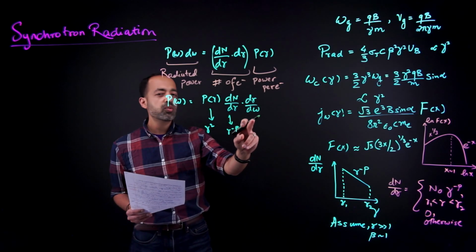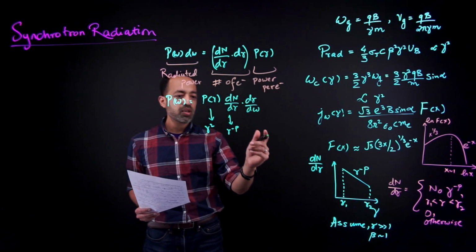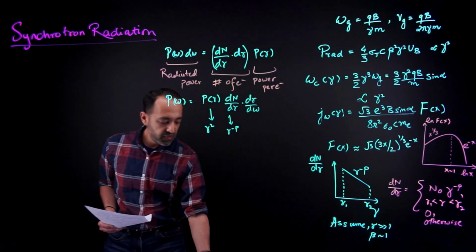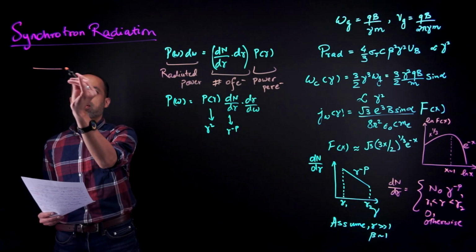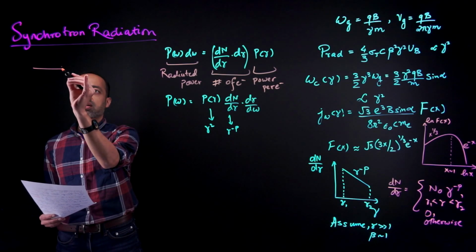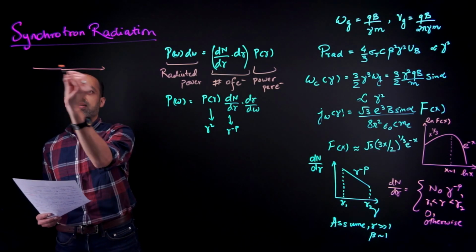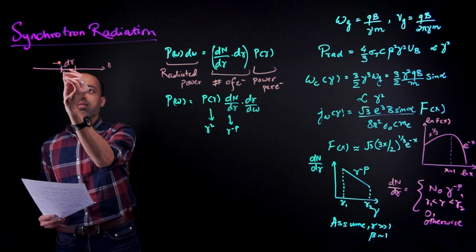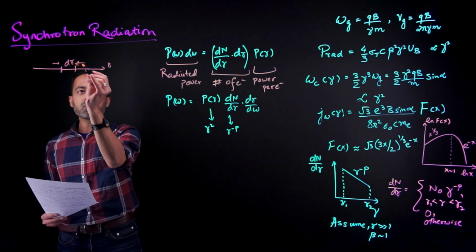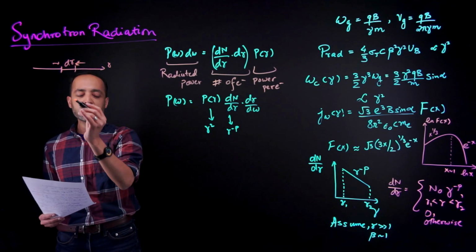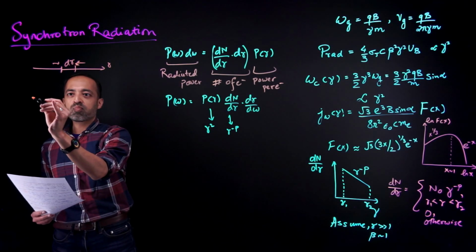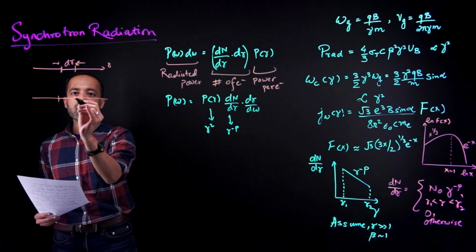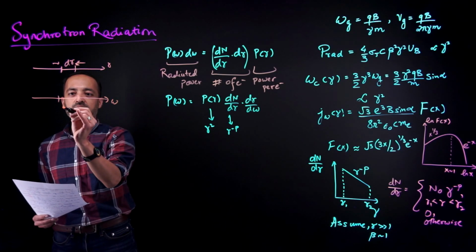So the way to figure this out is to understand that, let's say this is our gamma axis, and we have a certain range d gamma in here. These are the electrons that we are considering in this expression here, and they are radiating within some range d omega.